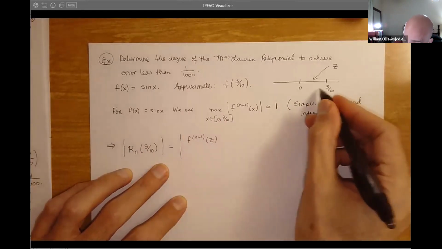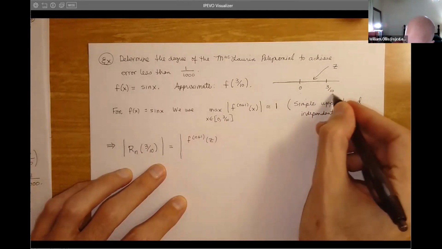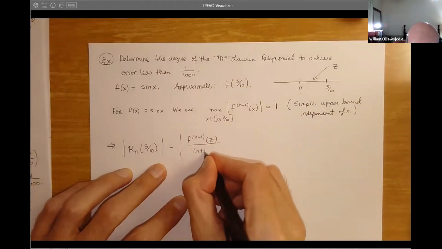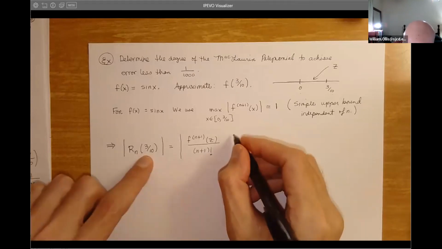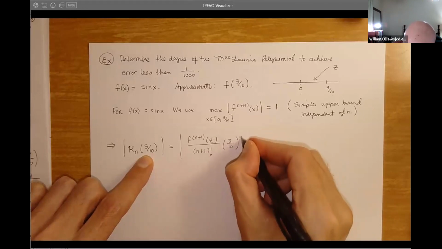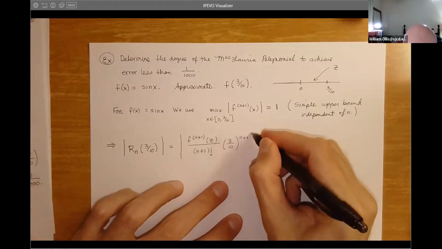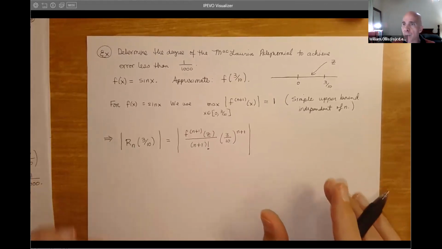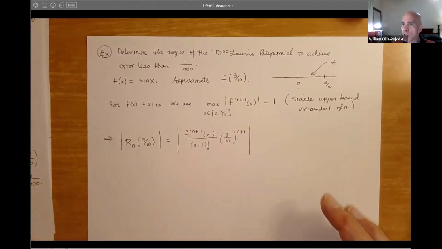Remember, z is between what? c and x. Then we have n plus 1 factorial. And then, of course, we have x is 3/10 to the n plus 1. Okay? So, like I said before, the key to Taylor's theorem is using it. The proof is beautiful, but it doesn't help you use it.